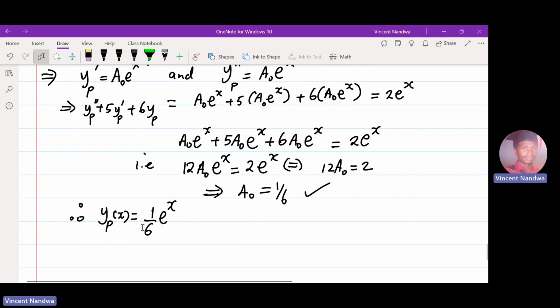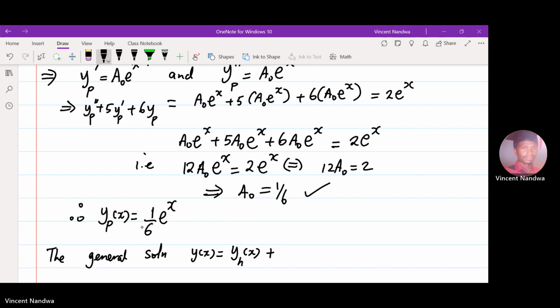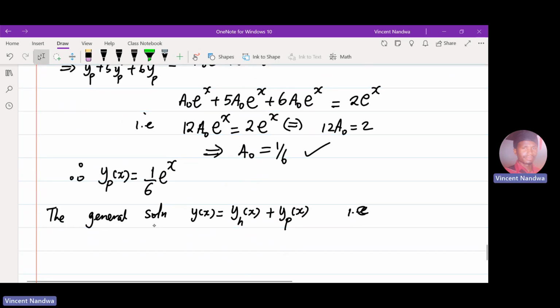And then the general solution, y of x, is given by the homogeneous solution plus the particular solution, which means we'll have y of x equals our YH, which was C1 e power negative 2x plus C2 e power negative 3x, and then plus this YP.